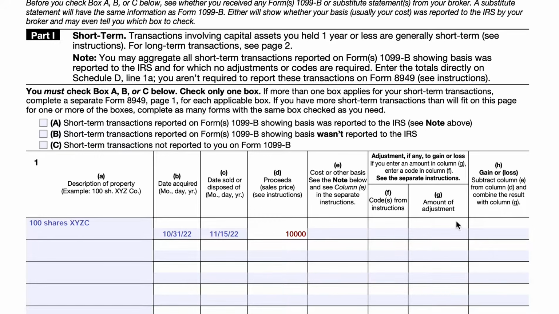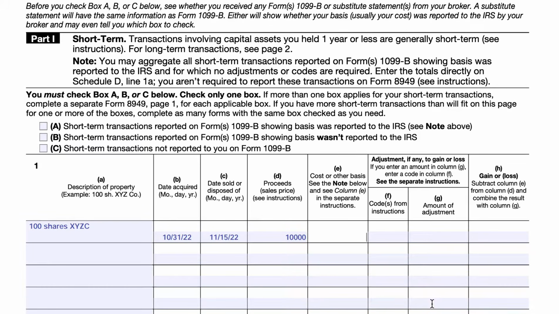That would give total proceeds of $10,000, and we'll just assume that you're trading in an account that does not charge brokerage fees. We'll also assume that you bought these shares in October for $75 each, so the total cost would be $7,500.